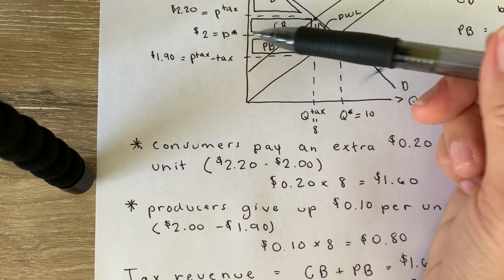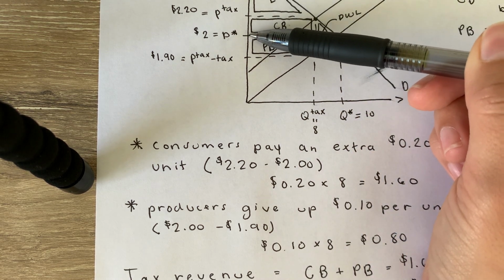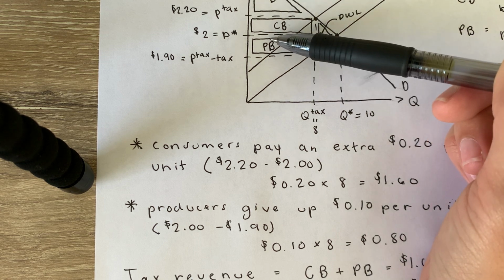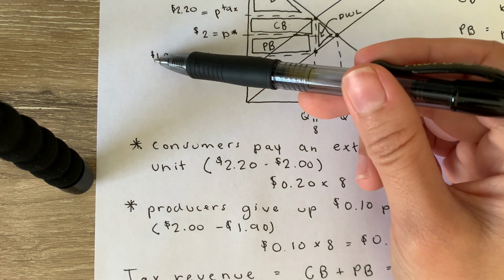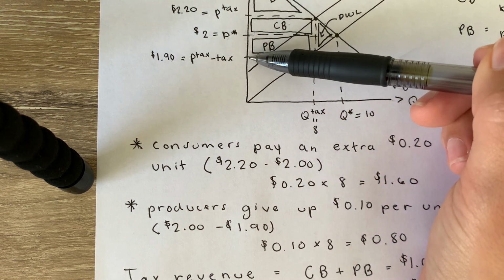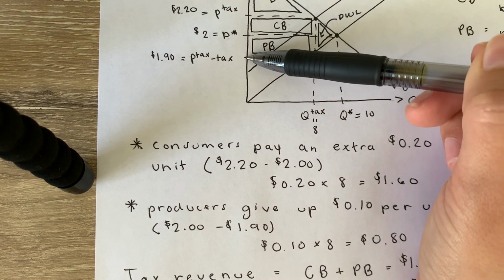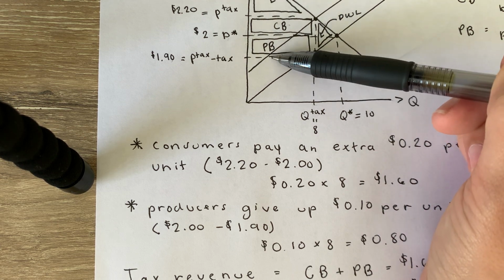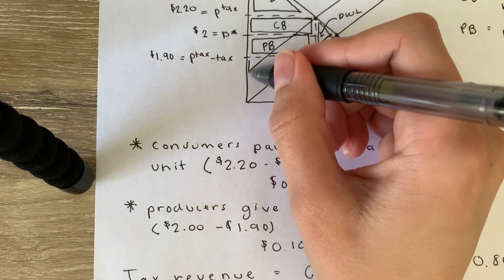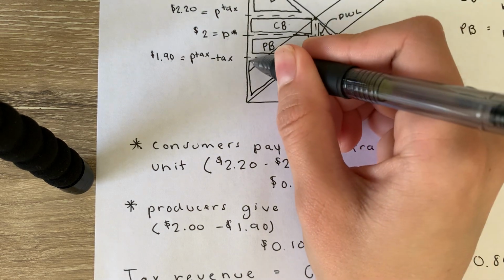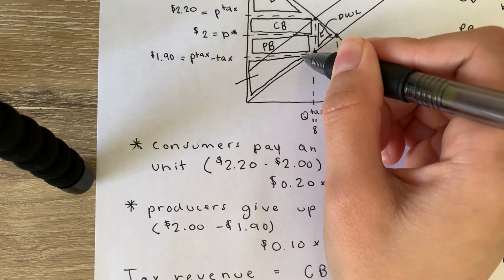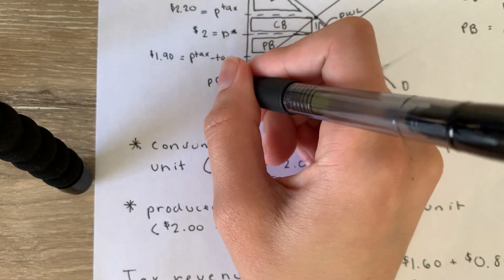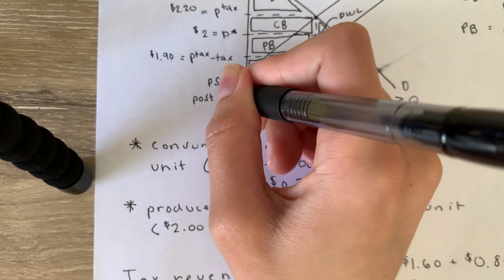Before the tax, the producer surplus was everything below P star and above the supply curve, but now producers are only receiving $1.90, so their surplus is everything below P tax minus tax, so below $1.90 and above the supply curve. So it's now only this region right here. This is our PS post-tax.